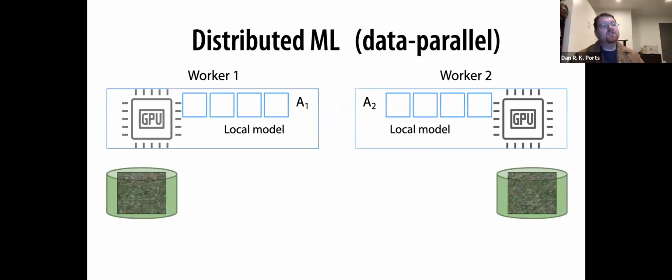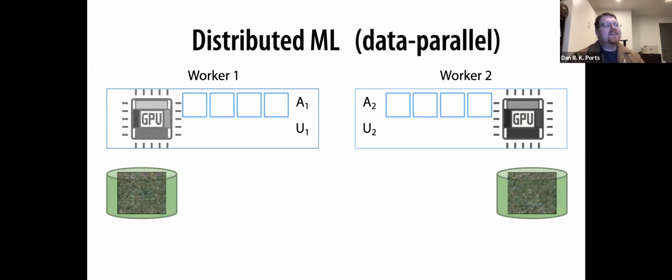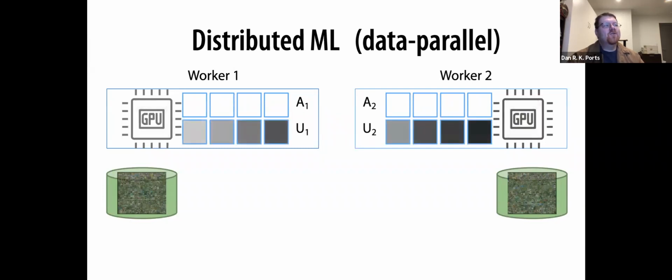Each of these workers has a local copy of the current model. In our training job, each worker is going to pick up an image out of its local set, evaluate it on the current network, and figure out if it classified it correctly and what it needs to do in order to make the network better for classifying that image. And then it produces an update to the model reflecting that.